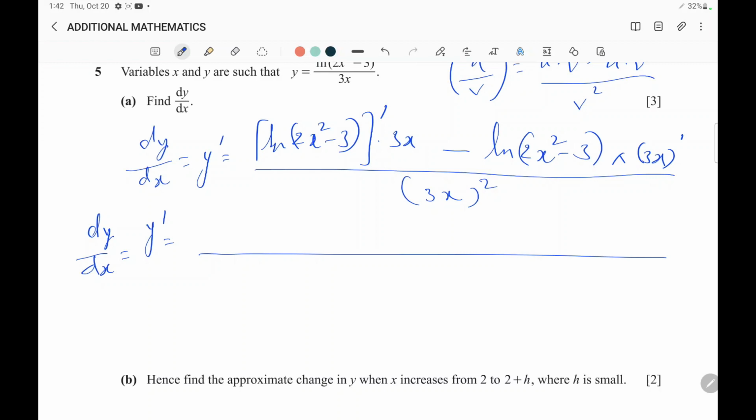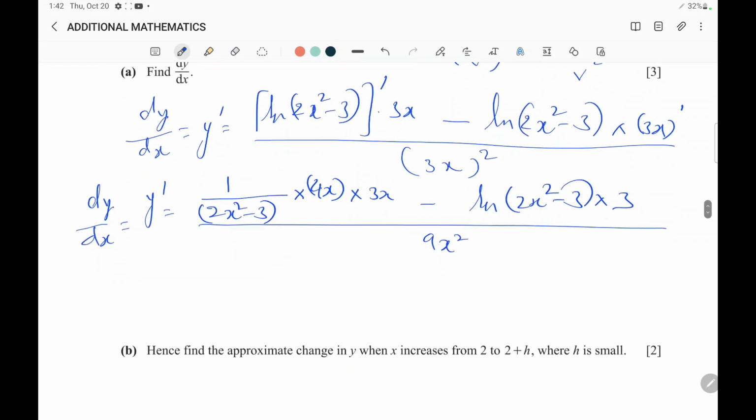So guys, the ln differentiation is 1 over 2x square minus 3, times the differentiation of 2x square minus 3, which is 4x, then times 3x, minus ln of 2x square minus 3, and 3x dash is 3, and the denominator is 9x square.